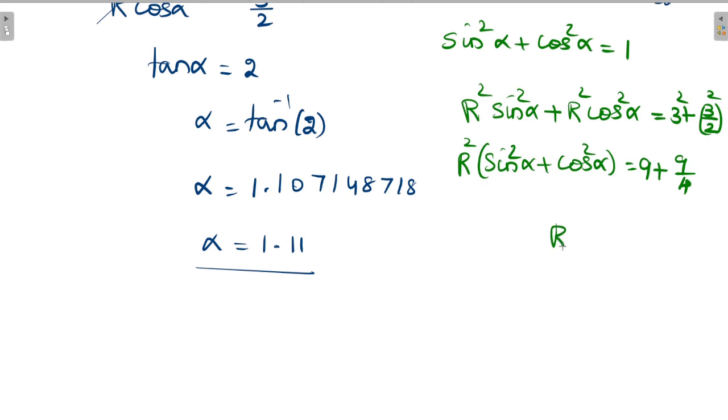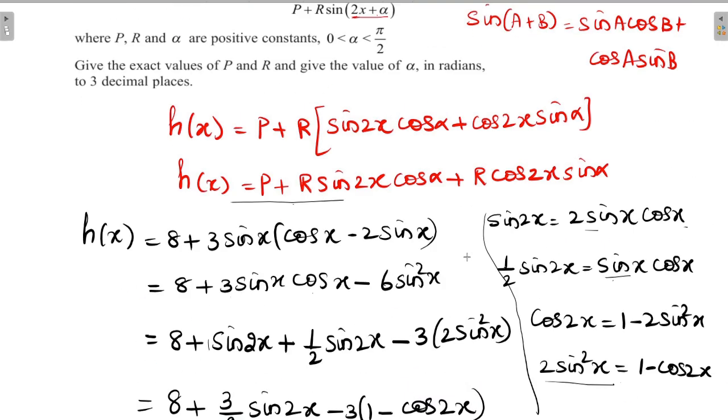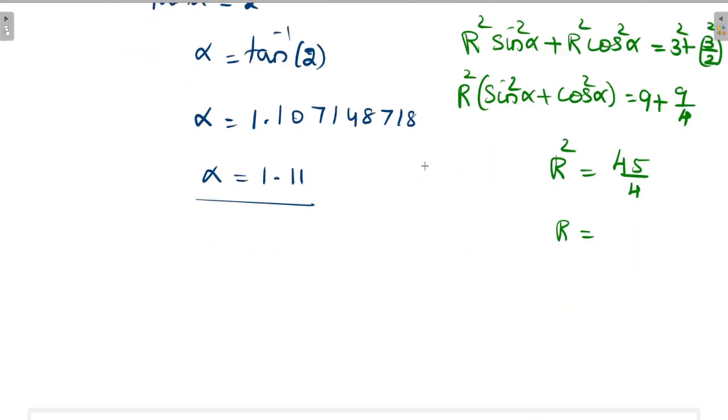So r square is equal to 45 by 4. So r is equal to plus or minus, but here the r value is only the positive value, since P and alpha are positive constants. So consider only the positive value of r. Here 9 fives are 45, and 9 is a perfect square, so r is 3 root 5 by 2.